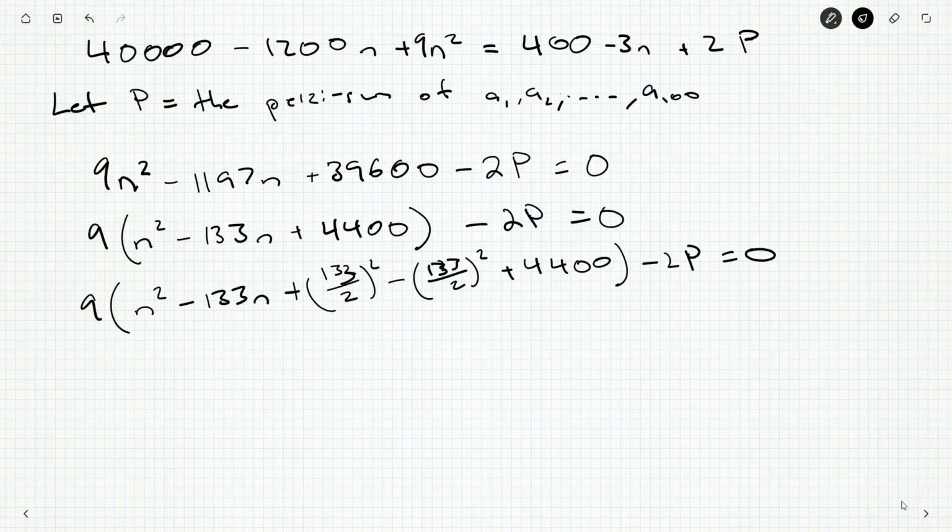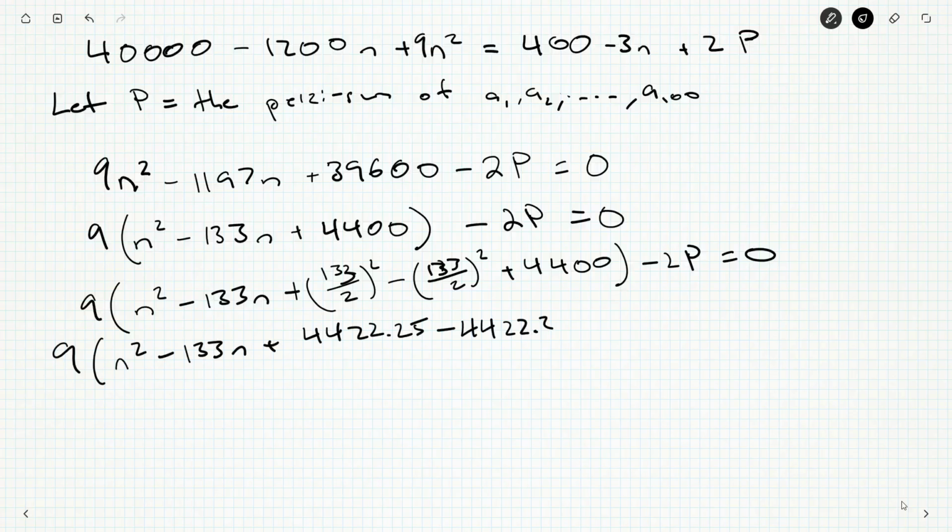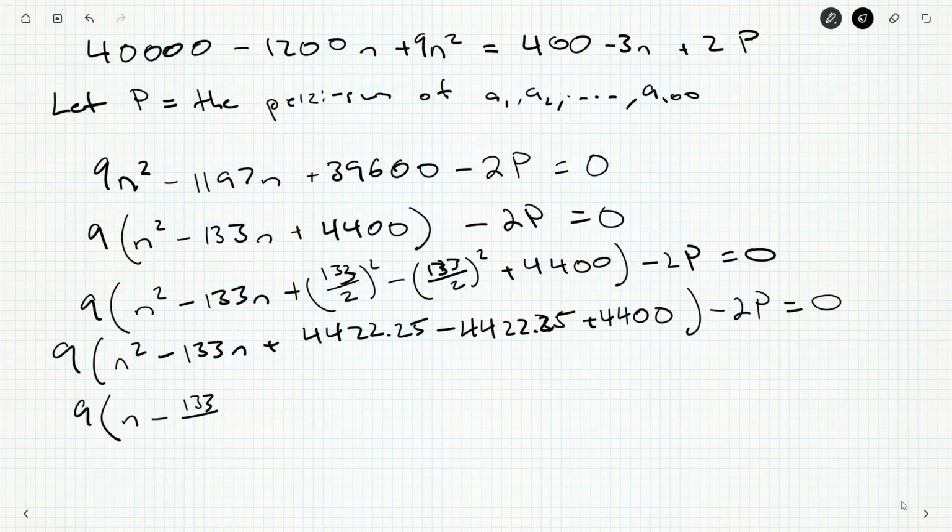And what is that when I square that out? So 9n squared, 133n, plus 4422.25, minus 4422.25, plus 4400, minus 2p is equal to 0. And then... so we get 9n minus 133 over 2 squared.